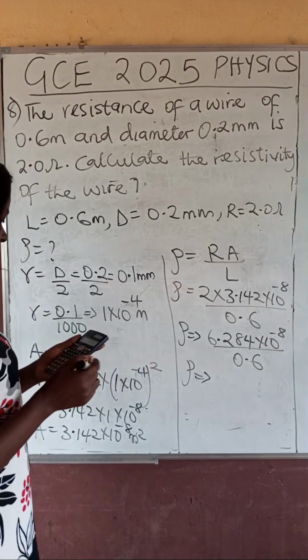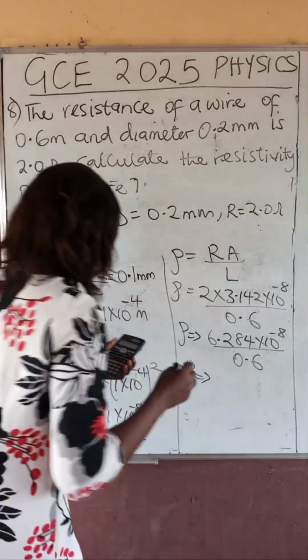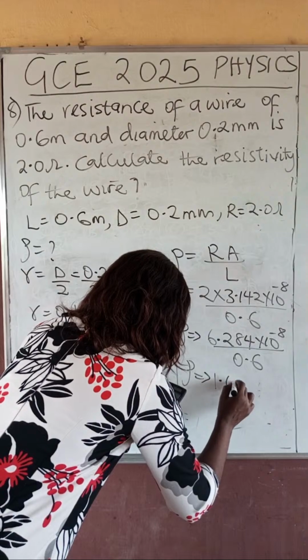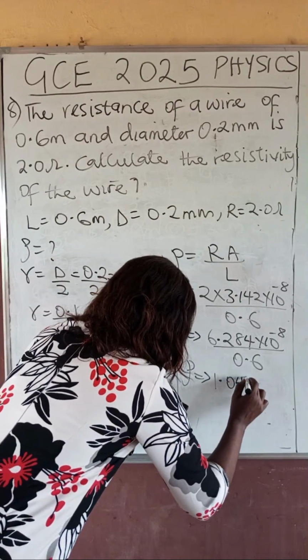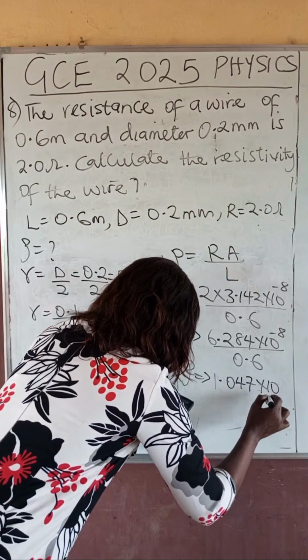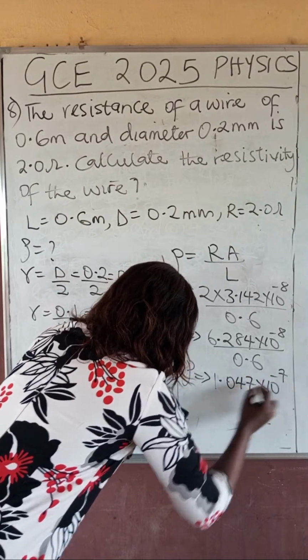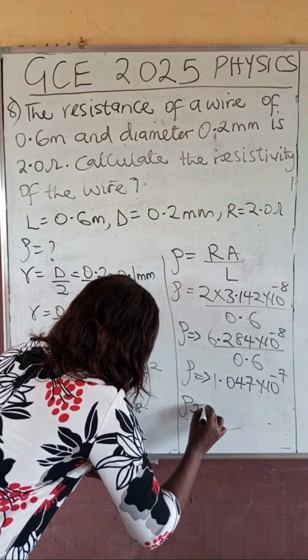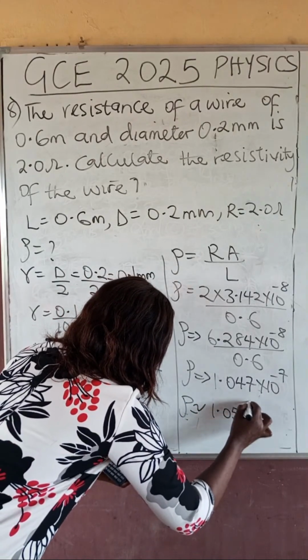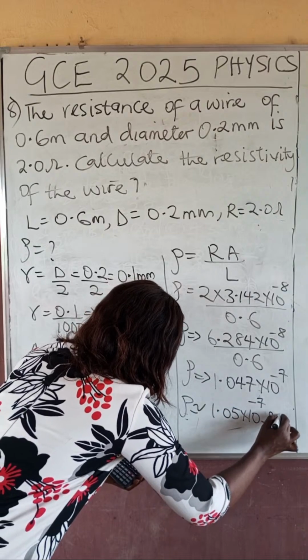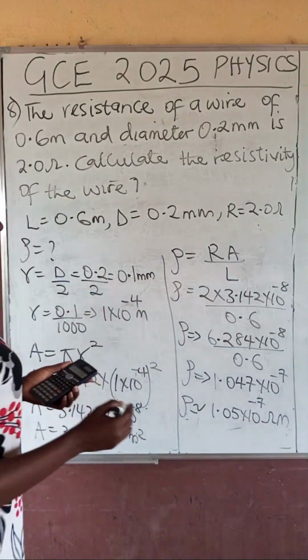Okay, so my answer will be 1.047 times 10 raised to the power minus 7. So approximately I will have 1.05 times 10 raised to the power minus 7 ohm meters.